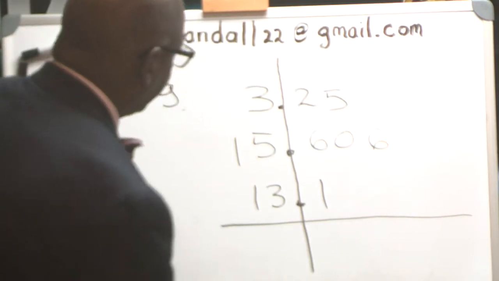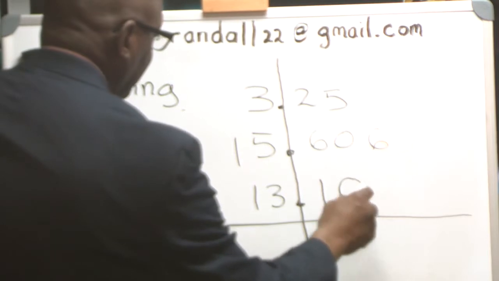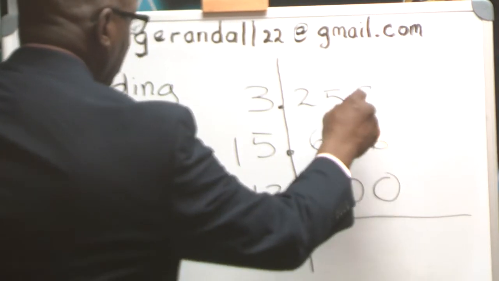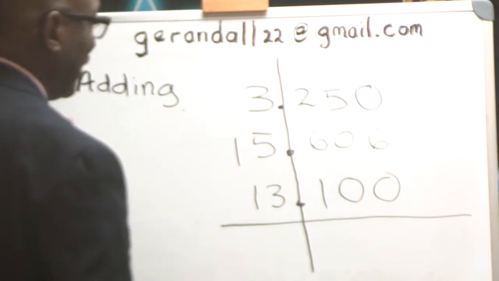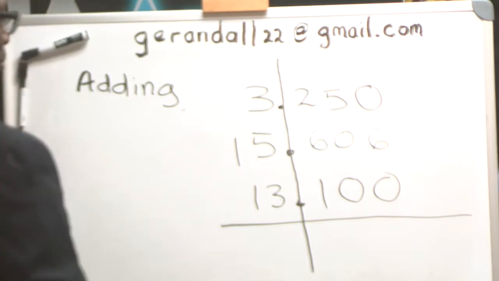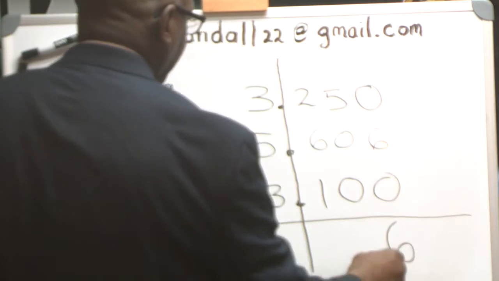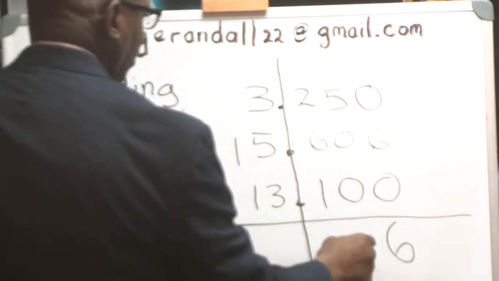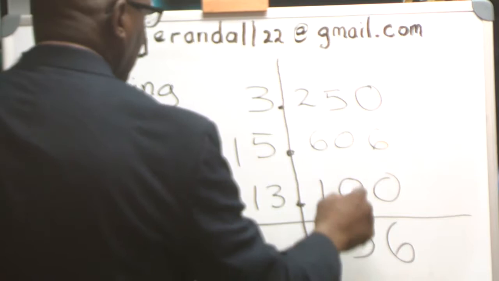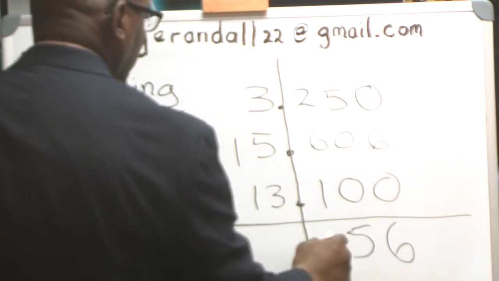What we want to do, it doesn't change the value, is put zeros, and everything's lined up. And again, 0 plus 6 plus 0 is 6. 5 plus 0 plus 0 is 5. 2 plus 6 is 8, plus 1 is 9.